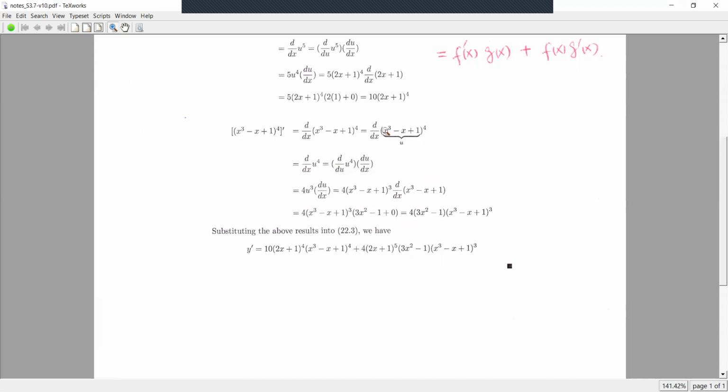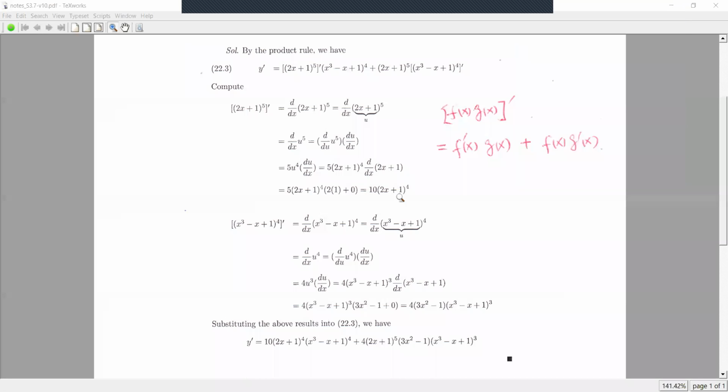Now, plug in this polynomial in the u here, then we have this equation. Then compute this derivative. The result is this. Now, simplify this expression, then this is the answer of this derivative.